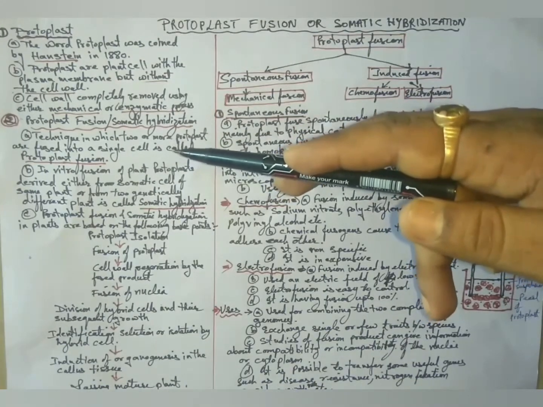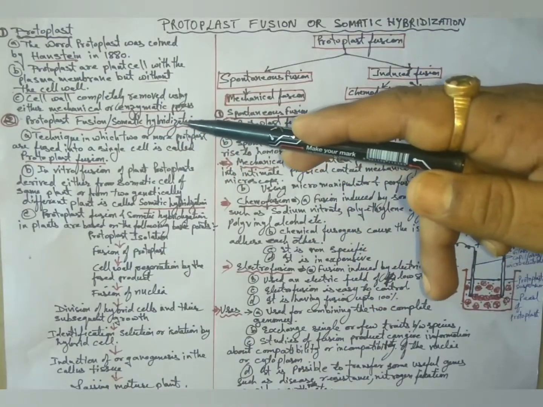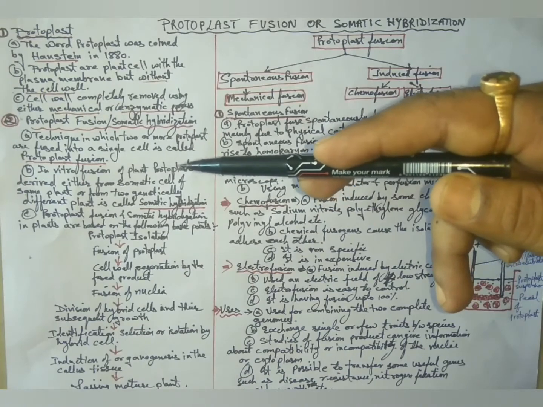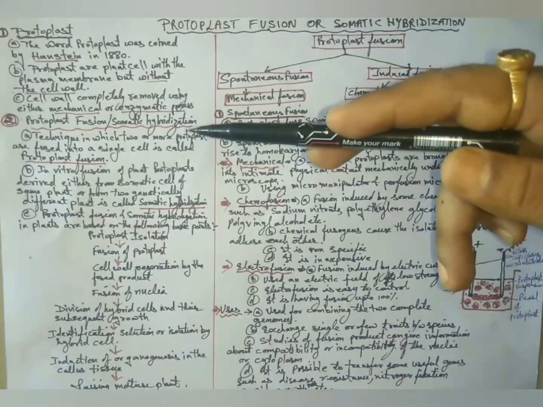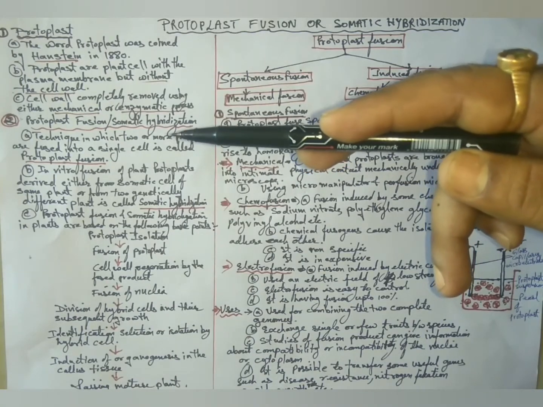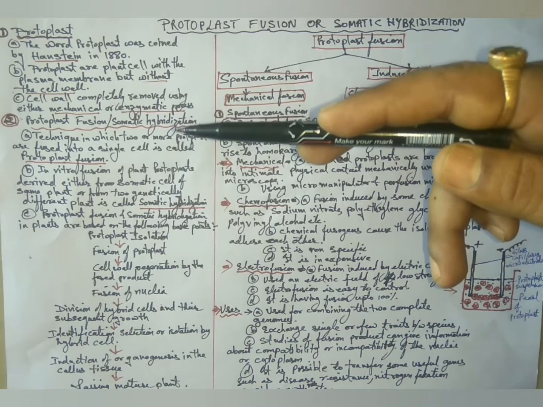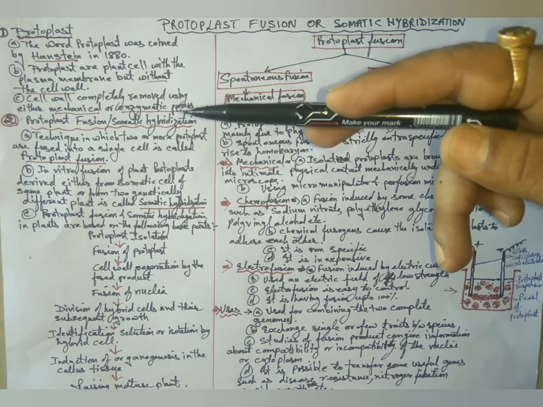Next, protoplast fusion and somatic hybridization. Protoplast fusion, also called somatic hybridization, is a type of genetic modification in plants by which two distinct species of plants are fused together to form a new hybrid plant with the characteristics of both, a somatic hybrid.